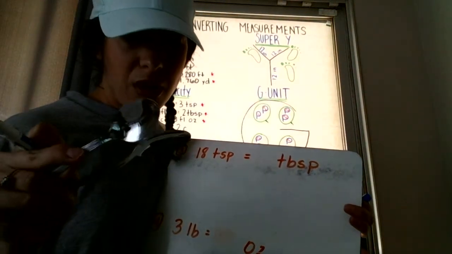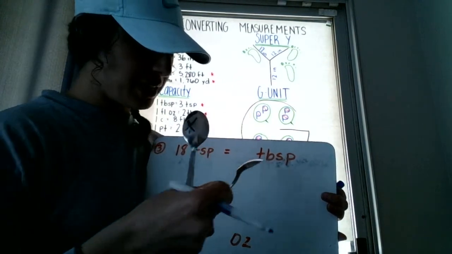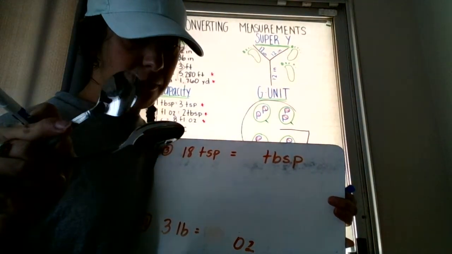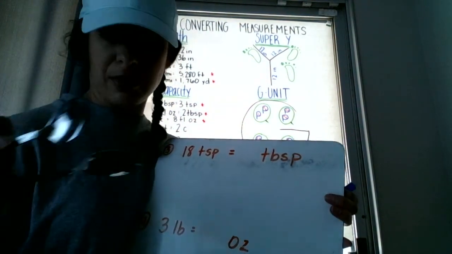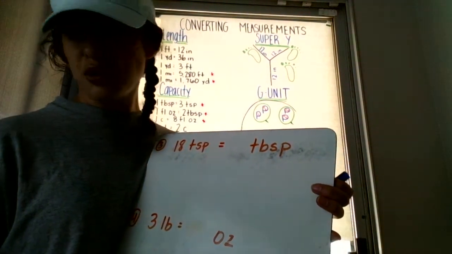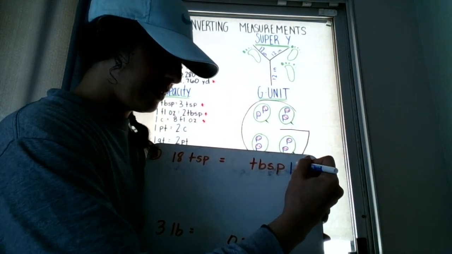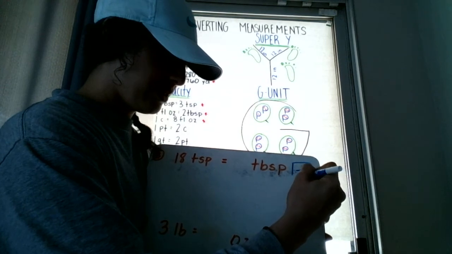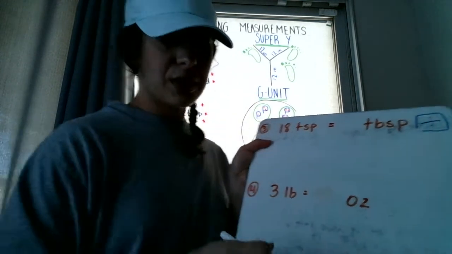My small one is my teaspoon, and my big one is my tablespoon. So I'm going from a smaller amount to a bigger amount. So if I'm going from small to big, I divide. Okay. So now let's look at my chart.